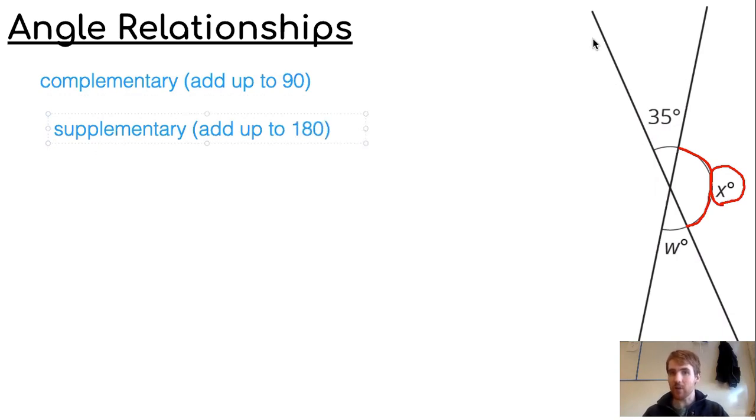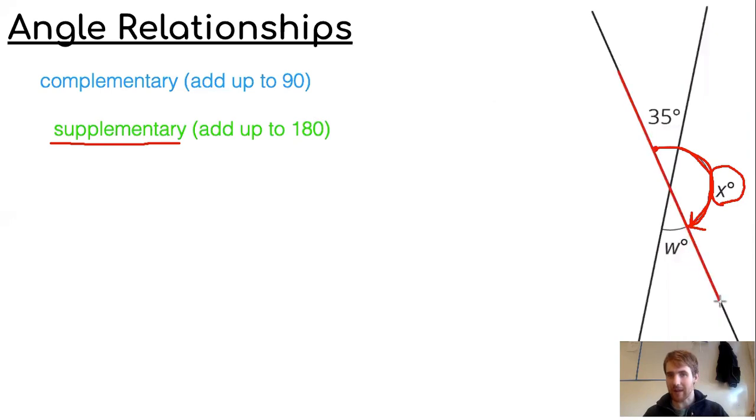And actually, we do. If you extend from this 35-degree angle all the way around here, you'll notice that this is actually a 180-degree angle. This is a supplementary angle. We can see this because it's a straight line, right?